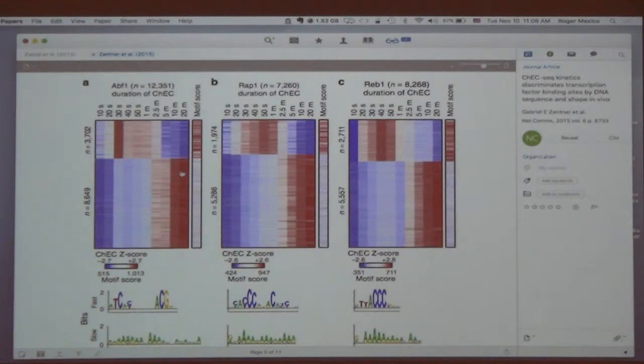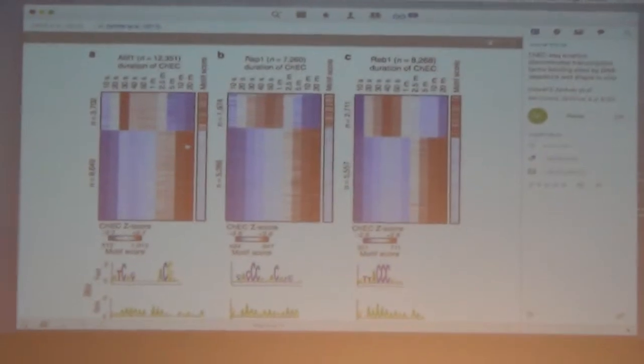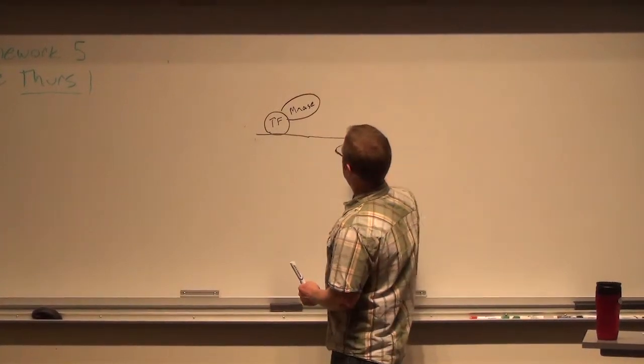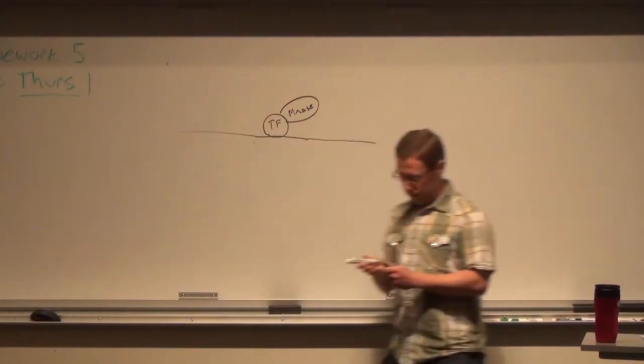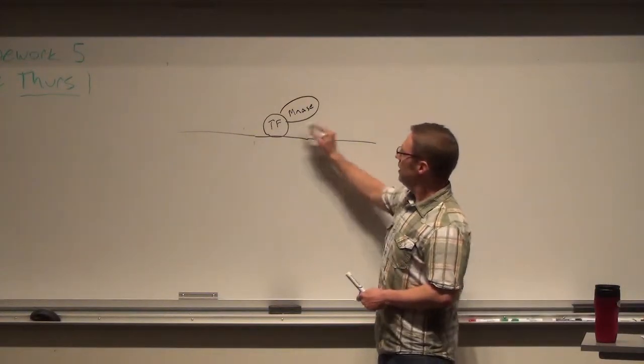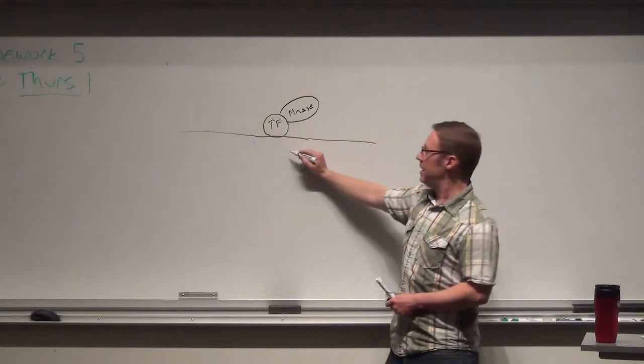I'm going to turn this back on. But there's an alternate hypothesis. Are these slow peaks real, or are they experimental artifacts? Let's go back to our diagram. You can imagine your transcription factor with the nuclease, bound to DNA.